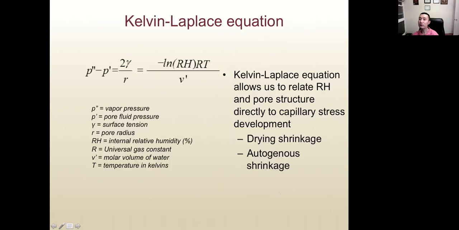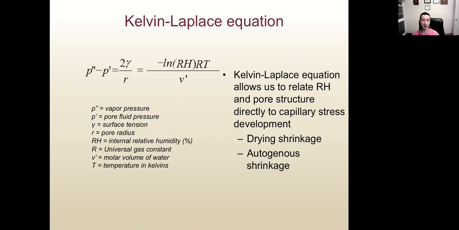And here is the definition of these parameters. P double prime is called vapor pressure, and P prime is called pore fluid pressure. The difference between these two pressures is shrinkage stress.